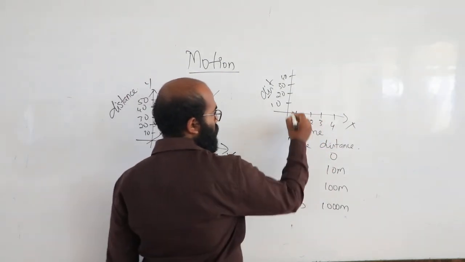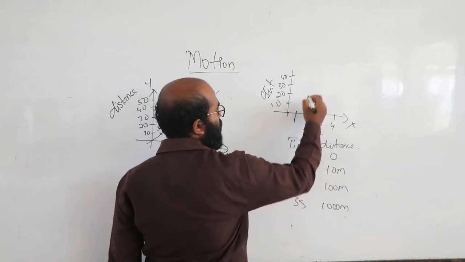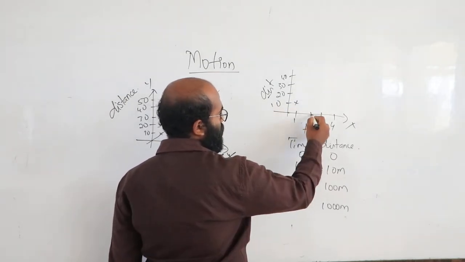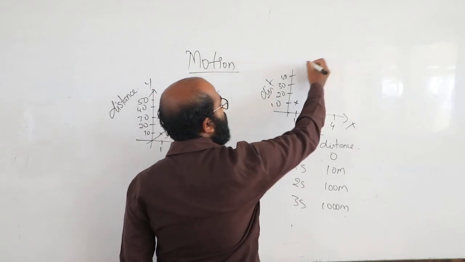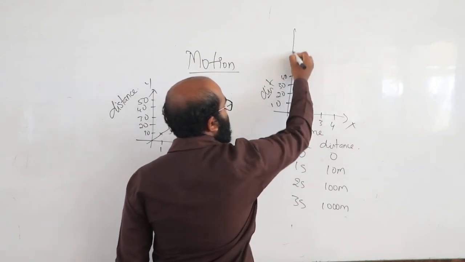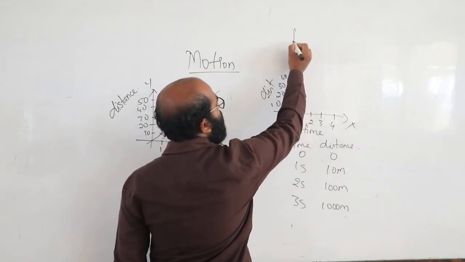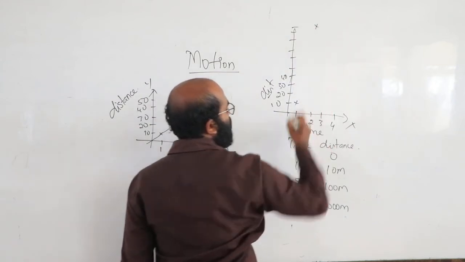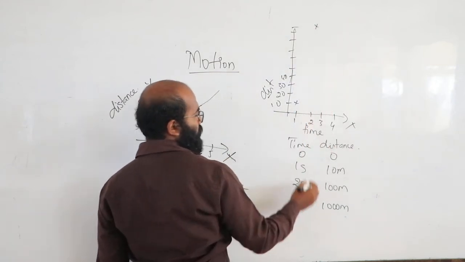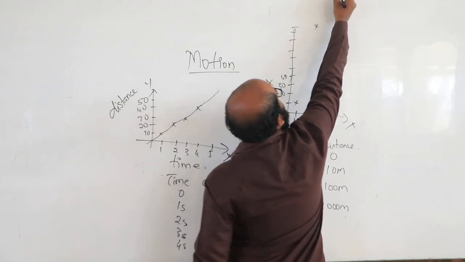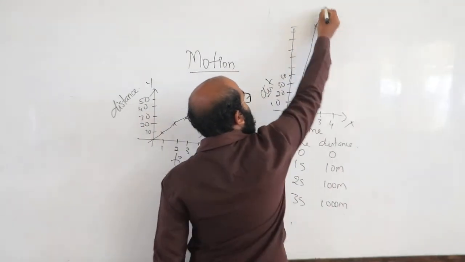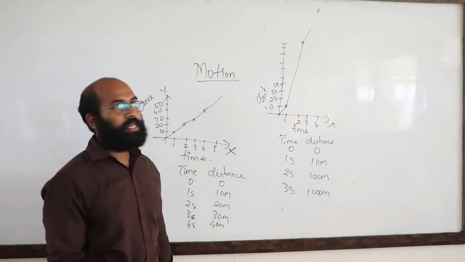Or at 0 it is 0, in 1 second it is 10 meter, then in 2 seconds it goes somewhere. If I take the straight line 50, 60, 70, 80, 90, 100, in 2 seconds it becomes 100, whereas in 3 seconds it goes somewhere here. It's increasing like this, so this is not a straight line.